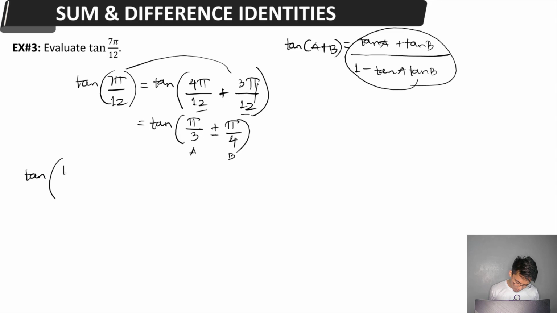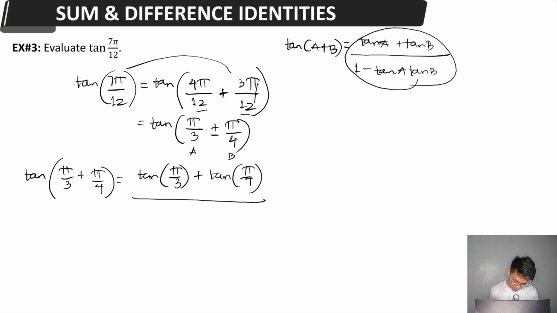Tangent of pi over 3 plus pi over 4 is equal to tangent A, na pi over 3, plus tangent B, value ng B natin is pi over 4, over 1 minus tangent A na pi over 3 times tangent B na pi over 4.